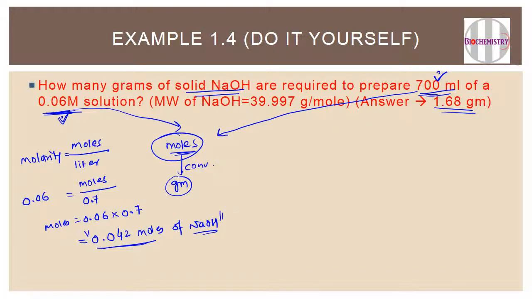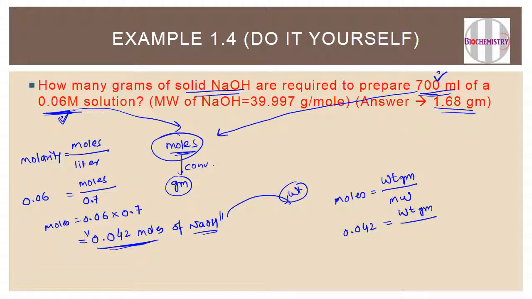But we have to convert these moles into weight. To convert it into weight, we have one formula: moles is equal to weight in gram divided by molecular weight. So moles is 0.042, equal to the weight that we want to find out divided by the molecular weight, 39.997.